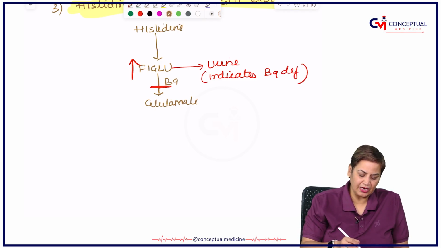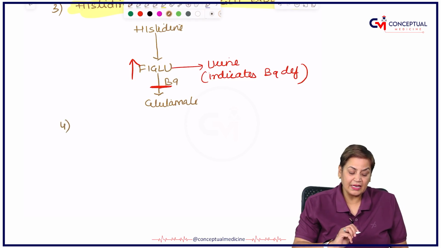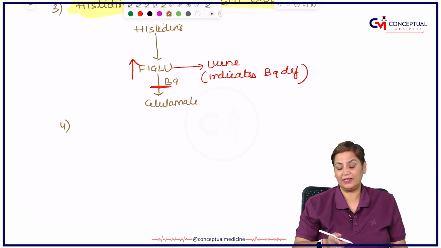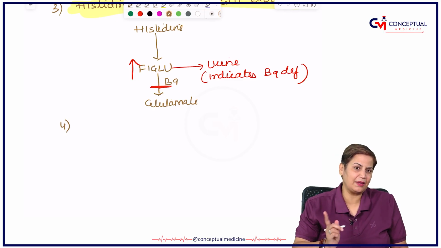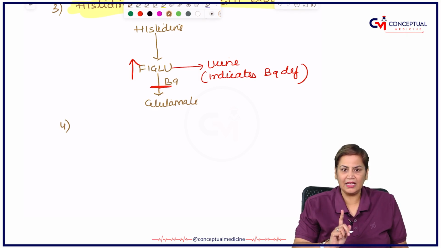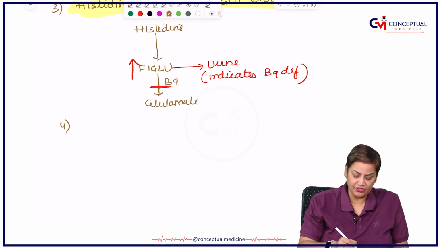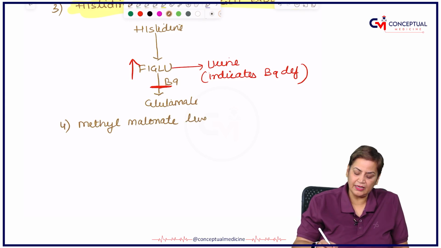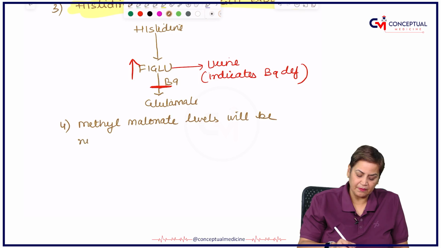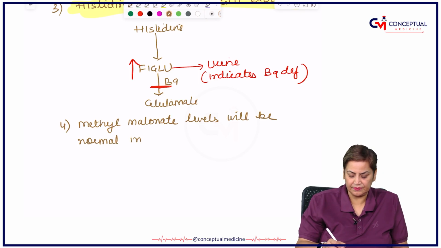And one very important thing: I told you there is one common reaction between B9 and B12. In case B9 is deficient, methylmalonate levels will be normal in B9 deficiency.